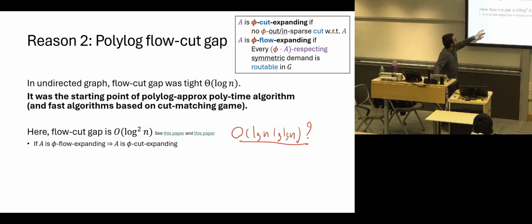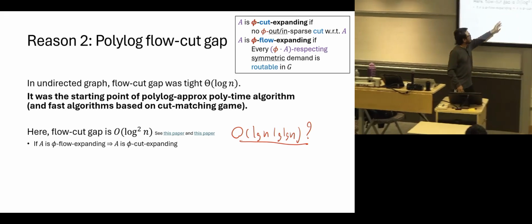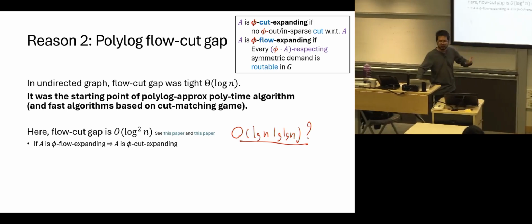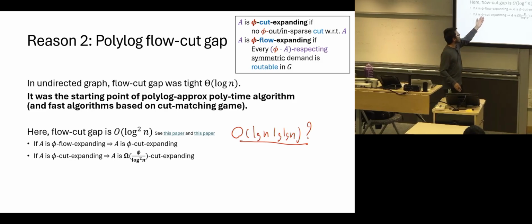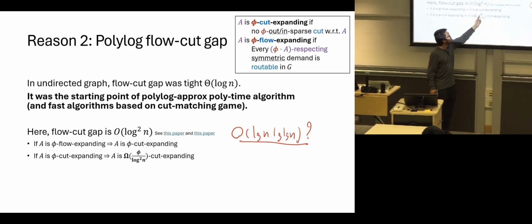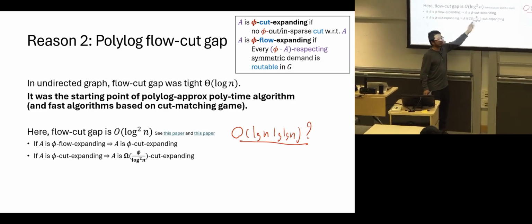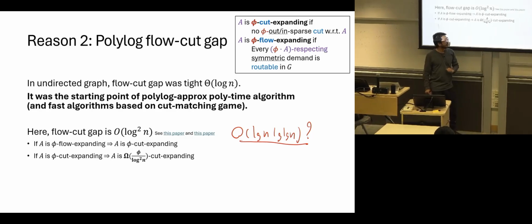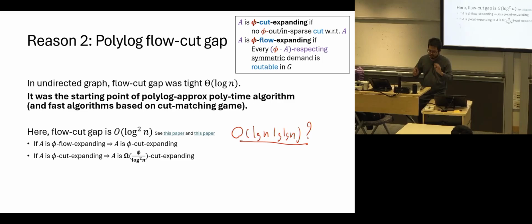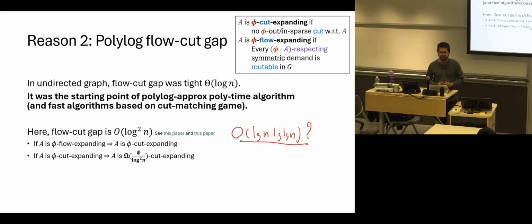So what do I mean here specifically? I mean if A is flow expanding, then A is cut expanding. Flow is stronger. And if A is cut expanding, then A is also phi over log squared flow expanding. So we lose some polylog factor, but they are kind of the same.